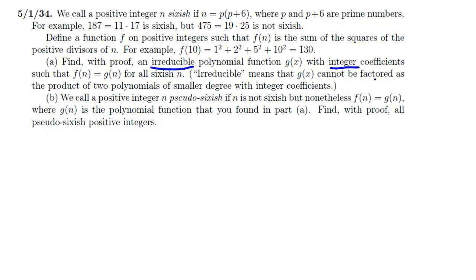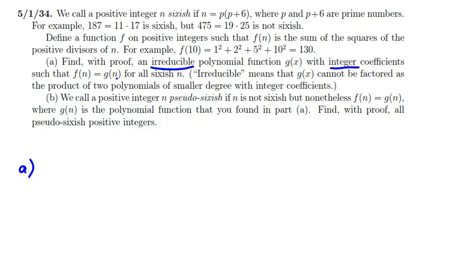Irreducible means that g of x cannot be factored as the product of two polynomials of smaller degree with integer coefficients. Like prime numbers, you cannot factorize it as two other polynomials whose degrees are at least 1. So when the degree of both of them is at least 1, their degrees will be smaller than the main degree. Okay, let's work on part A.